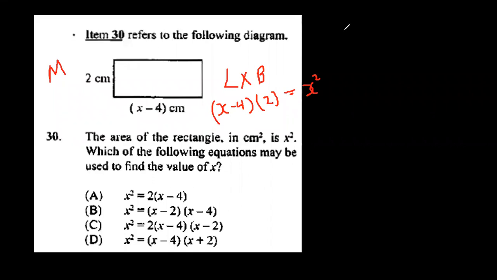All right, so let's press on. So in this case, what we have is x minus 4 by 2. We can switch it around and say 2 multiplied by x minus 4 is equal to x squared.